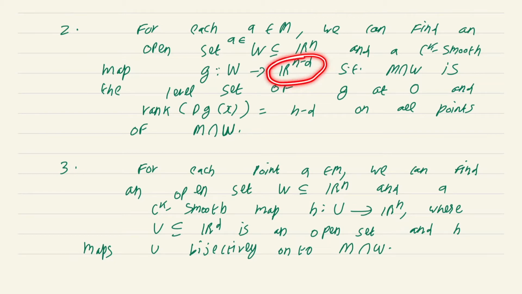Each additional coordinate in the codomain adds one constraint for this set, right? So this is a thing that satisfies g of x equal to 0. That's precisely the points of this manifold. So you can think of each additional coordinate in the codomain as adding a constraint and reducing the degrees of freedom by 1. Okay, so if you have n minus d equations, then the degrees of freedom you have are d exactly. So this is another way of looking at the second definition.